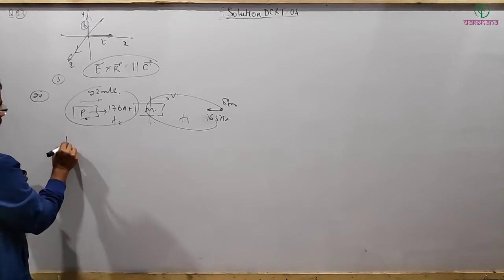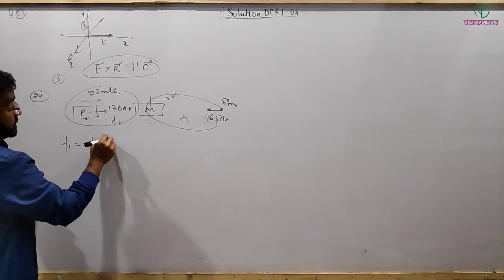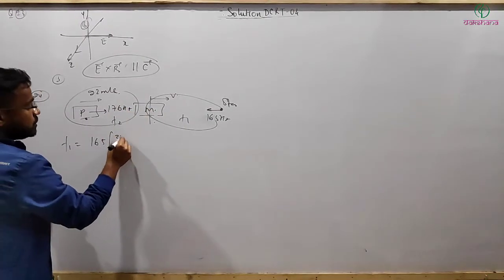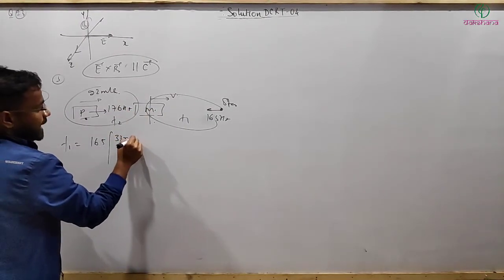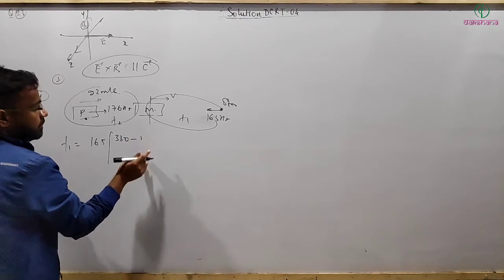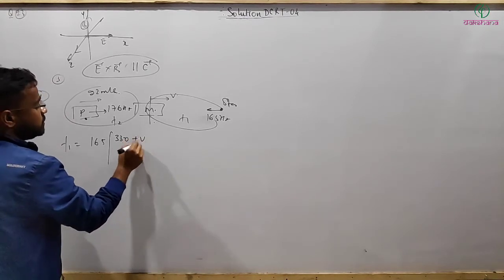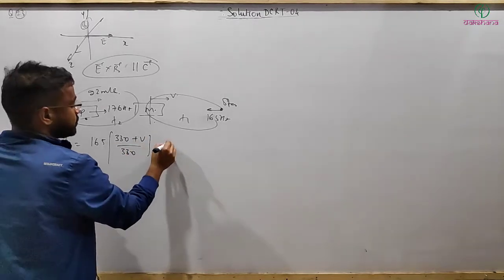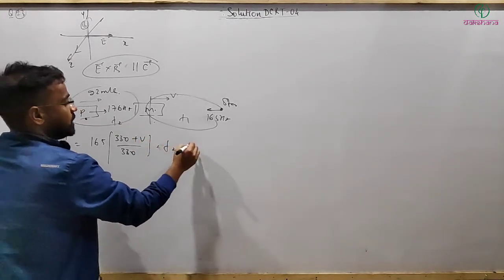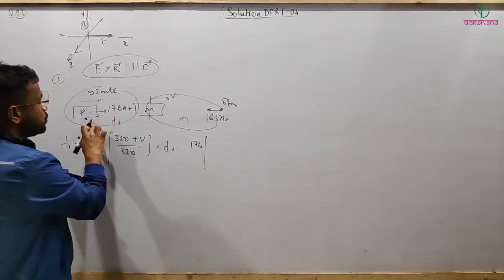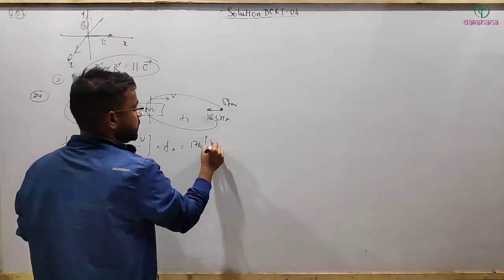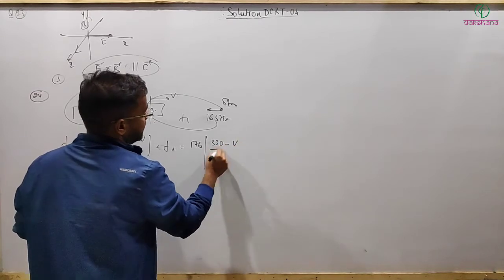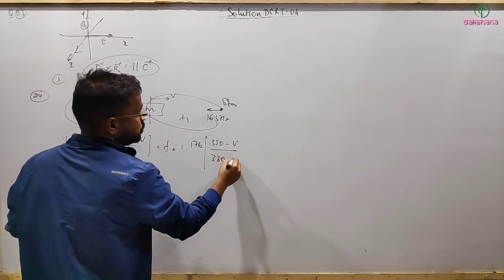So that means F1 is equal to 165, and here the source is at rest, the observer is approaching, so 330, and approaching means the frequency will be higher, so plus V, divided by 330. And F2 is equal to how much? 176. Here the source is also approaching and the observer is moving away, so this is 330 minus V, over 330 minus 22, the source also approaching.